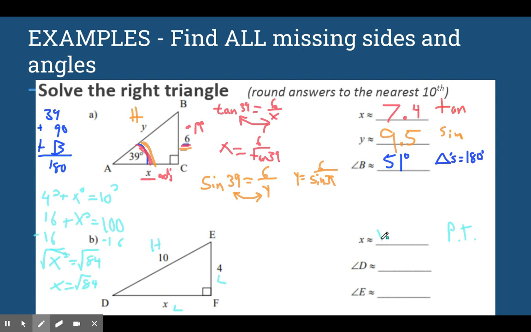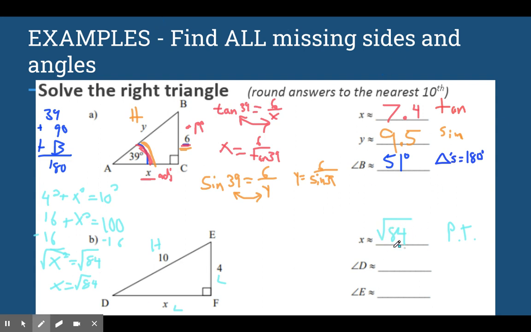We know that the square root of 84 is not a perfect square, so we do have to simplify it. Square root of 84. Okay, I know that 4 will go into 84. Divided by 16, no. 84 divided by 36, no. 84 divided by 49, no. Okay, then let's just break it down by 4.